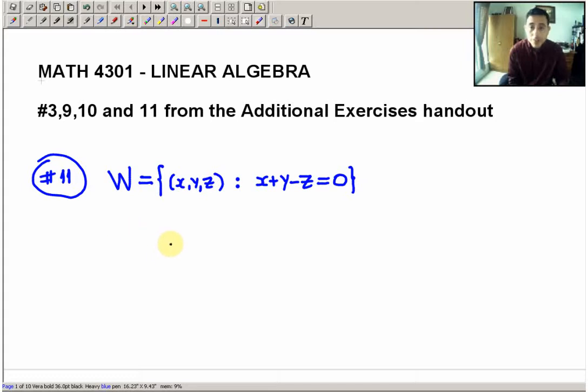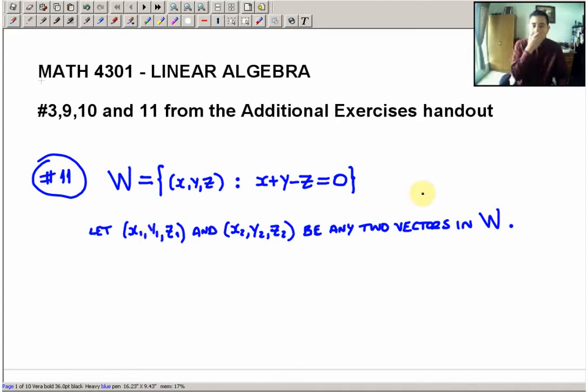So let's pick two vectors in W and then do the addition and the scalar multiplication. Okay, so I picked two vectors in there. Now if they are vectors from W, then they need to obey this equation.